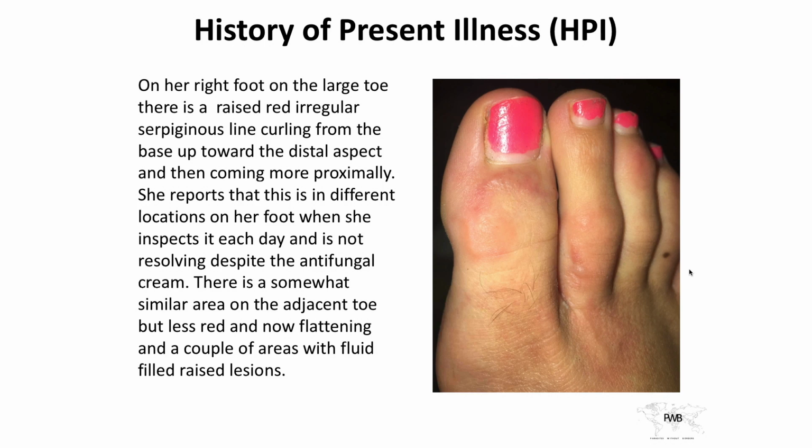She reports that this has been in different locations on different days and that this has been moving around. She keeps putting on the antifungal cream and it doesn't get better. And I will point out, because I think this is characteristic as well, there's a couple areas where there are vesicles, like small blisters, so fluid-filled raised lesions.